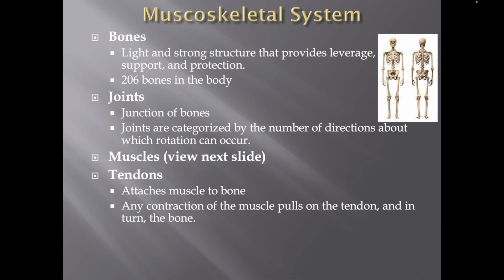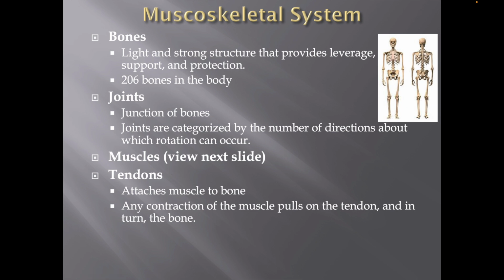How movable they are is determined by several different things that we're not going to focus on here in this PowerPoint. But just to understand, there are several different types and classifications of joints depending on how movable they are. Muscles are the third part of the musculoskeletal system, and we'll focus on them predominantly in this PowerPoint slide set.